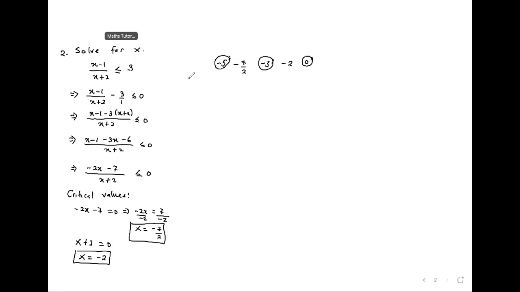Then you pick negative 2x minus 7, pick x plus 2, pick negative 2x minus 7 over x plus 2.